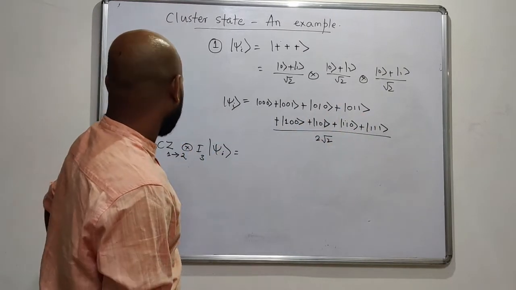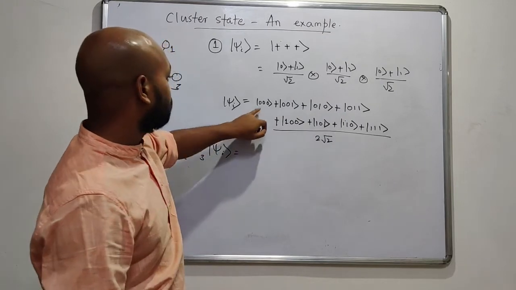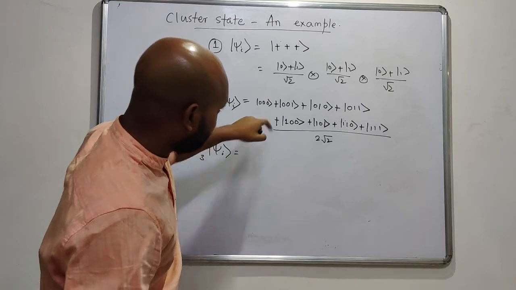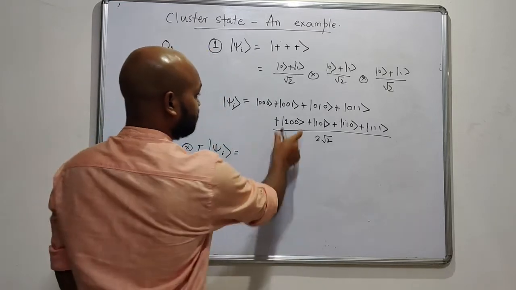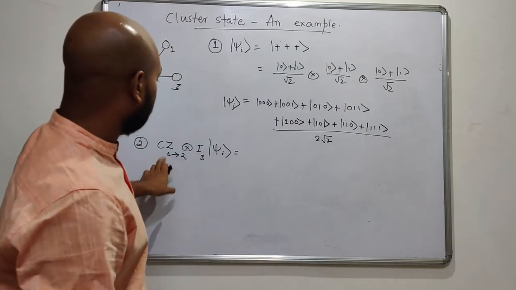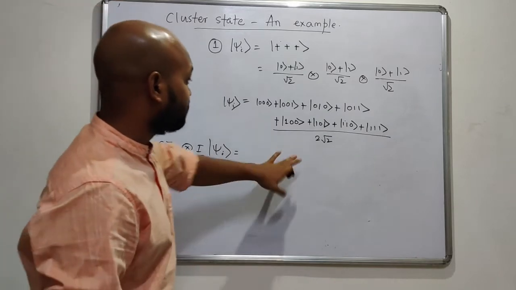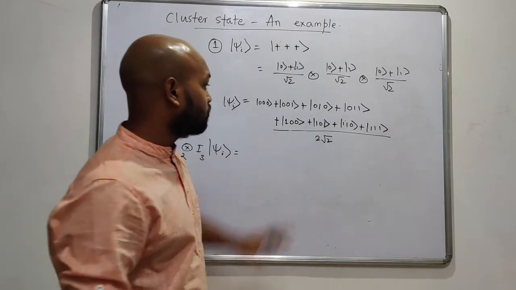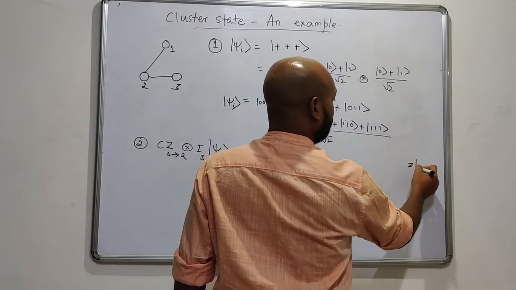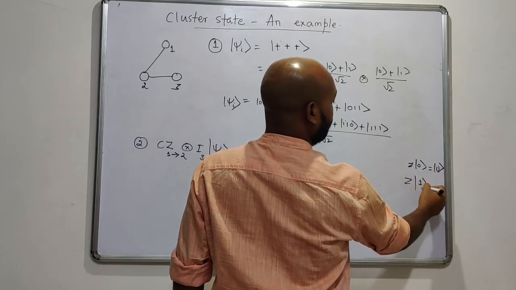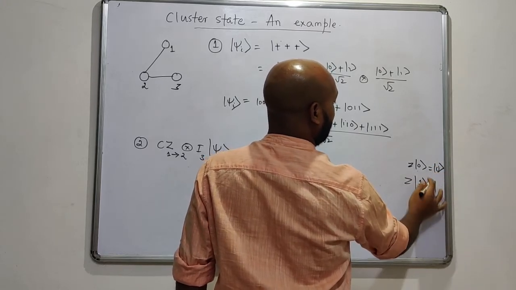CZ from 1 to 2, so let's see which are the states where the first qubit is 1. Then we act a Z gate on the second qubit where the first qubit is 1. Z gate acts on 0 to give no change, and Z gate acts on 1 to give you a minus 1 basically.